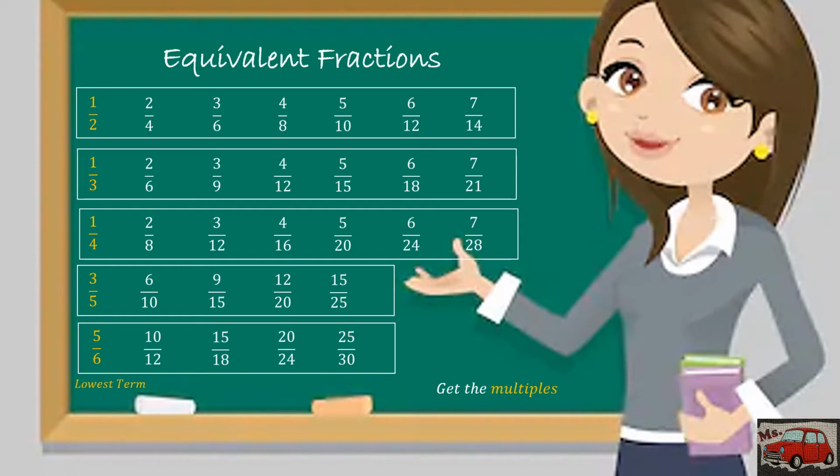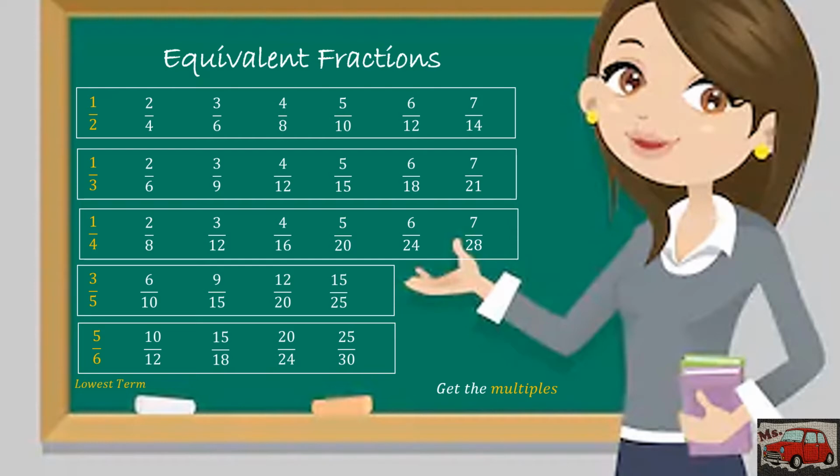Alright? Another example, 3/5. So, kung kukunin natin yung multiples niya to get the equivalent fractions, so yung numerator na 3, ang multiples niya is 6, 9, 12, 15, and so on. Yung denominator na 5: 5, 10, 15, 20, 25, and so on.